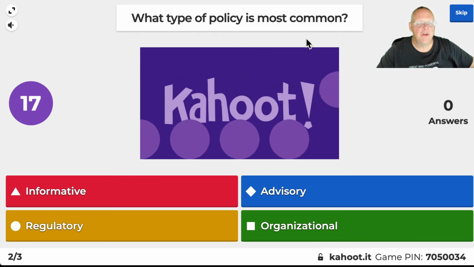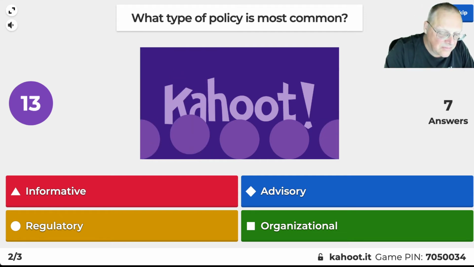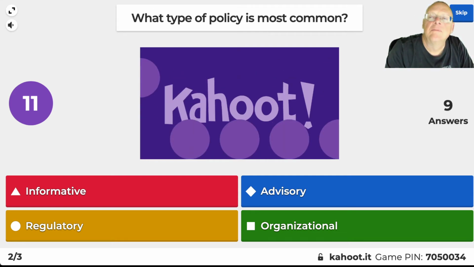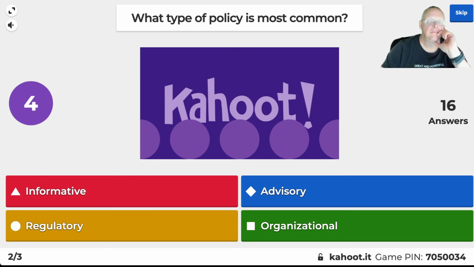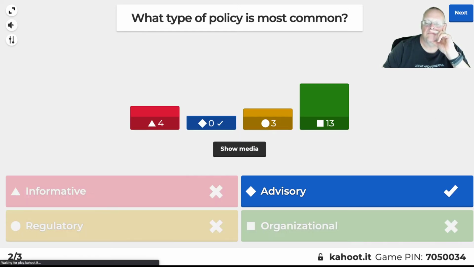All right, what's the most common type of policy? Advisory is the most common. These others, most of them are in fact advisory.